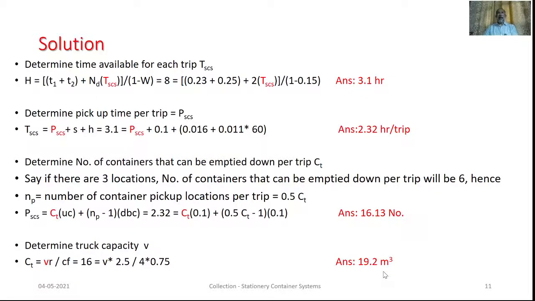So a nearby available standard capacity such as 20 cubic meter can be adopted for the waste collection for that region if we are adopting stationary container system.